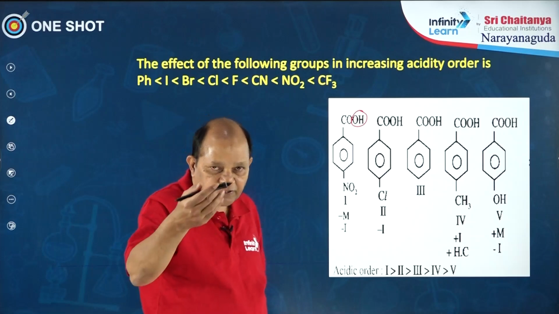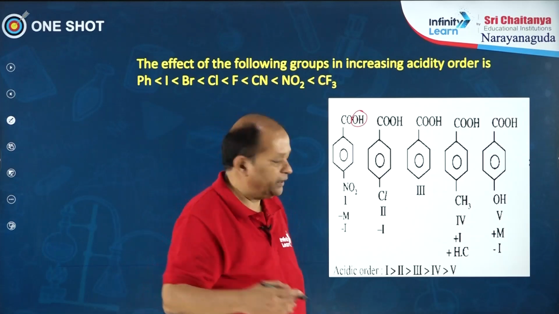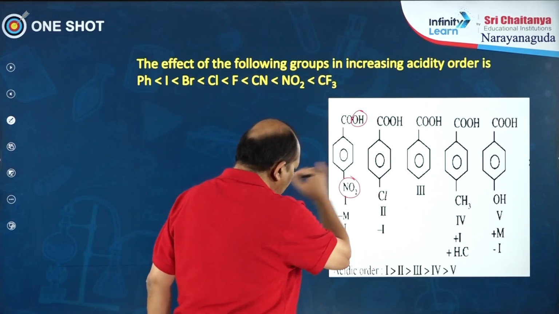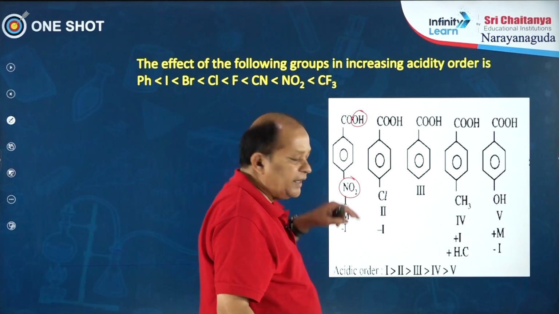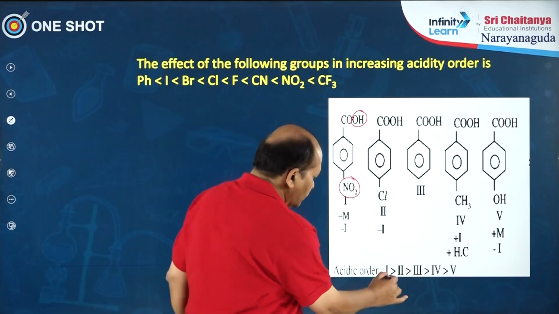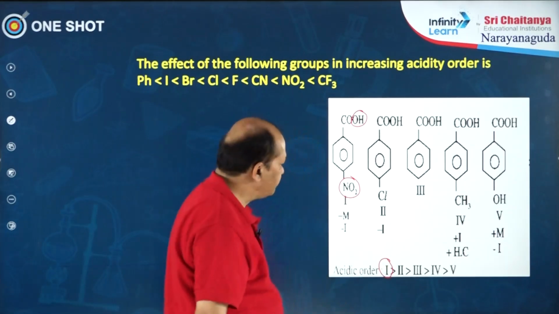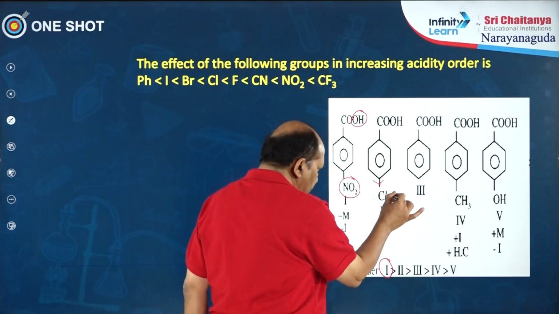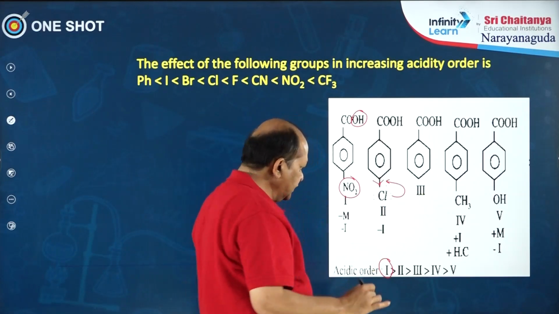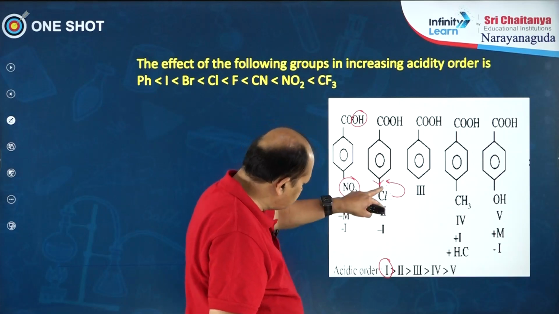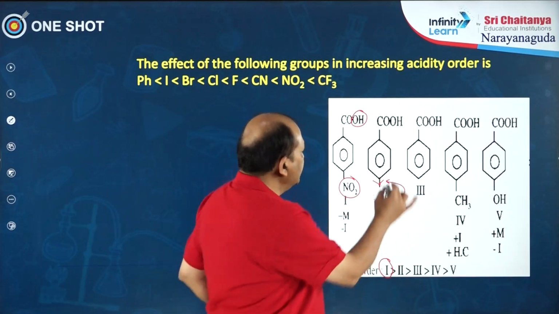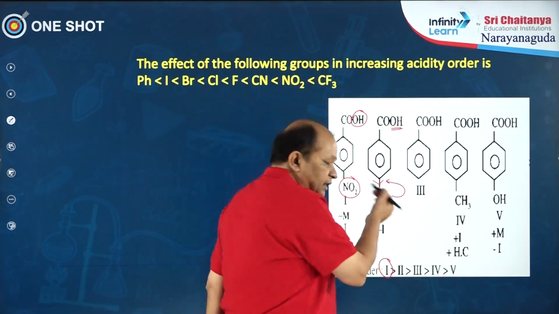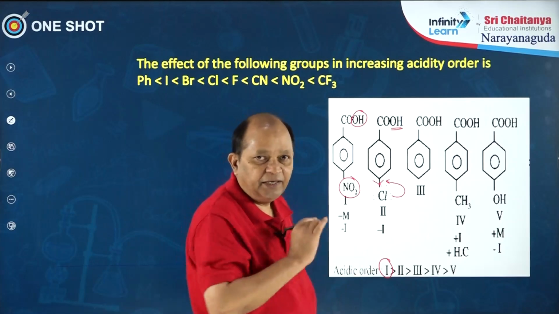Those groups which withdraw electrons will increase the polarity. So here the nitro group has a strong tendency to withdraw, therefore it is most acidic, followed by chlorine. Okay. Though it is withdrawing to some extent and quenching, because of this minus I effect it is also increasing the polarity to some extent, but not as much as the nitro group.